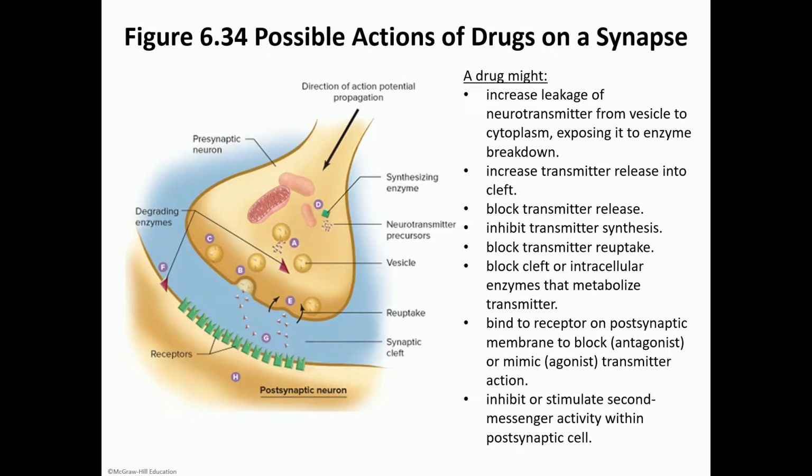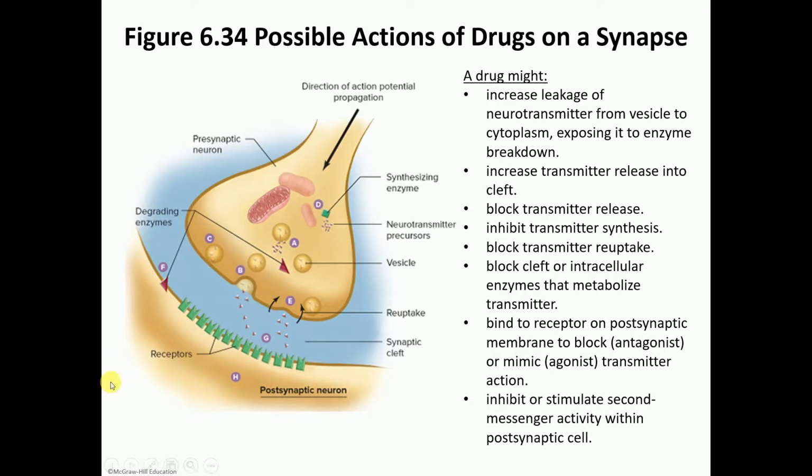For example, it could prevent the storage of the neurotransmitter in the vesicles, so that now the neurotransmitter is released into the cytoplasm, and that leads to its degradation by different enzymes. It could maybe destroy the snare proteins. Remember, the snare proteins were responsible for the docking of these vesicles at the axon terminal, so we could destroy these proteins.